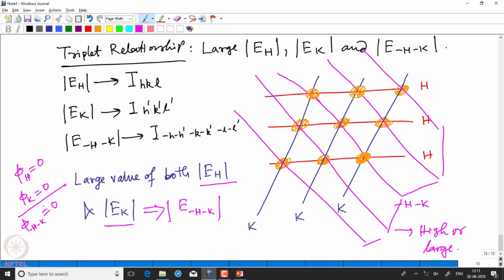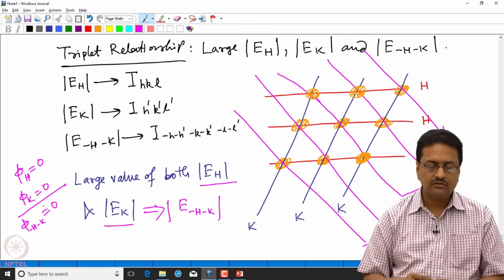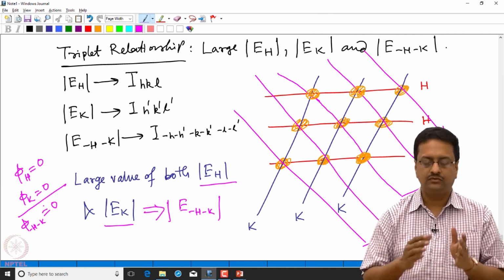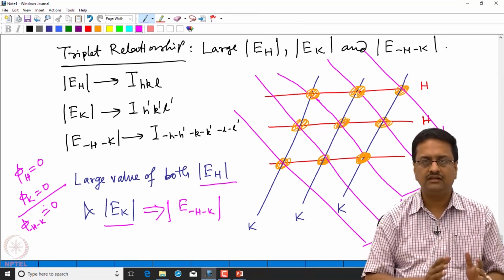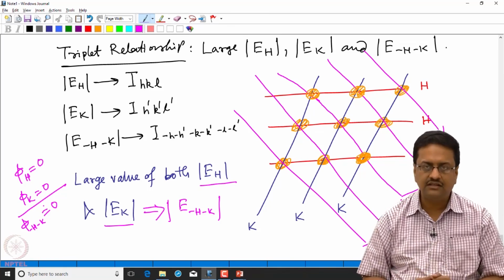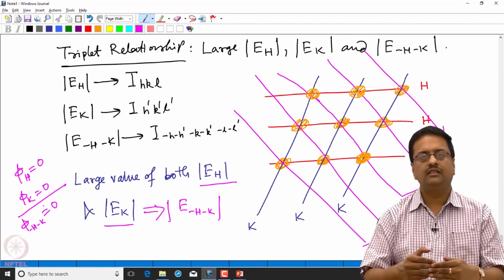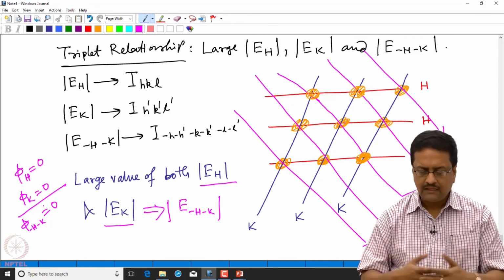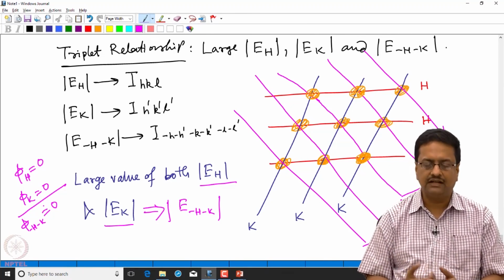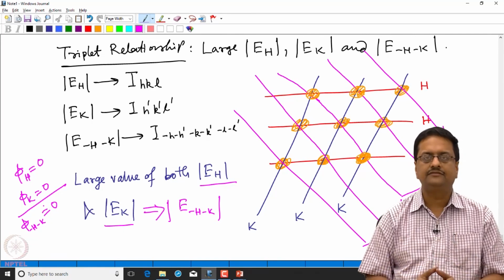So this is what is called a triplet relationship in X-ray crystallography, which also helps us in structure solution by direct methods. So today we have learnt about two relationships. One is sigma 1 relationship and another one is triplet relationship in direct methods. So we will continue in this direction and try to understand the basics of direct methods in the next few lectures.